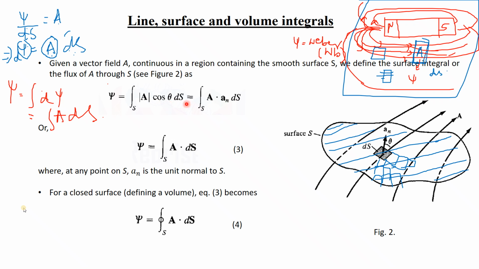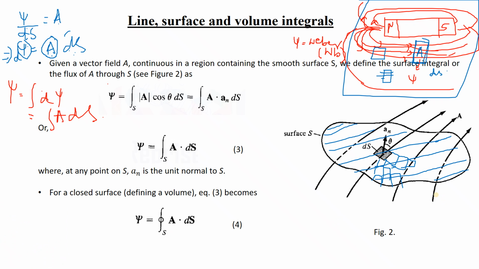Now this is having a unit vector, so we will write it in this way, with cos theta. Now what is this theta? Theta is the angle this normal vector is making with this particular vector A.